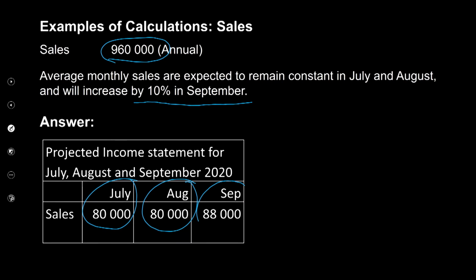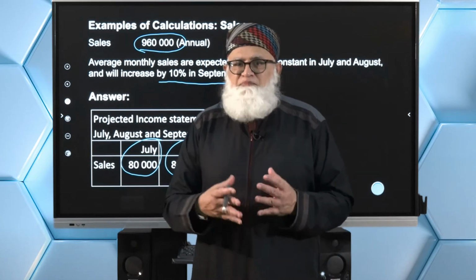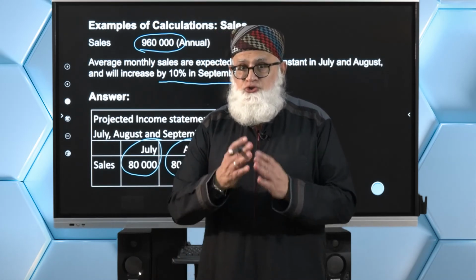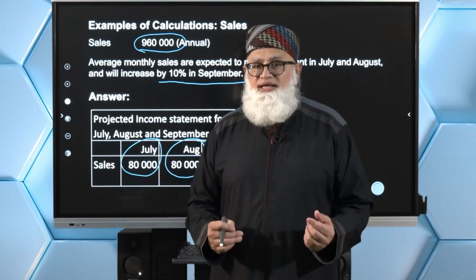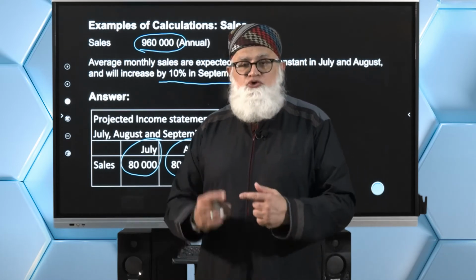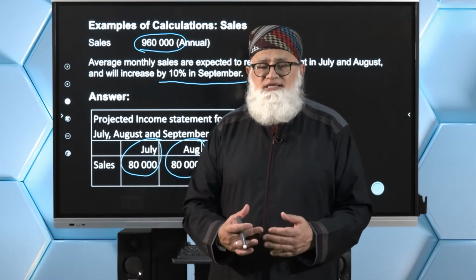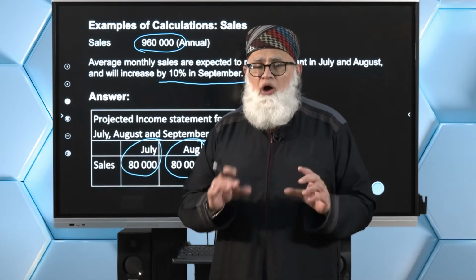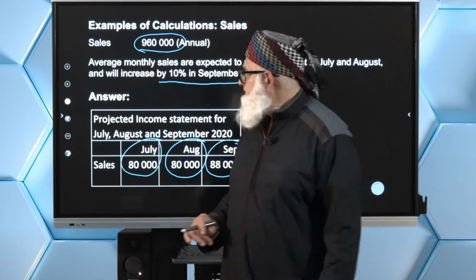However, in September, my projected sales will be 88,000 Rand, as you've seen with the calculation. So remember, one of the secrets of a projected income statement is calculator skill. All that you're doing is calculating an increase or a decrease, and therefore it is important to know how to use your calculator.